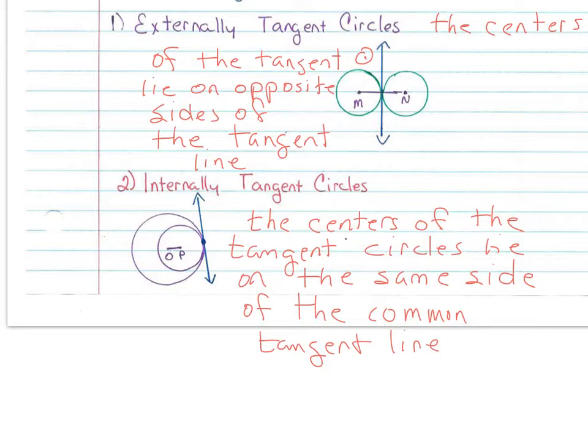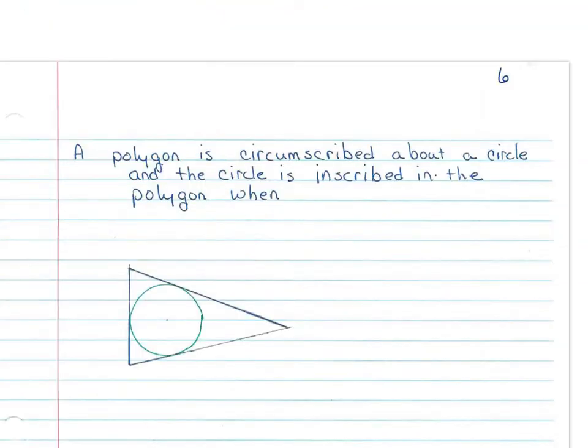So both of these circles are tangent to each other at this point, and they're also tangent to the line at that point.